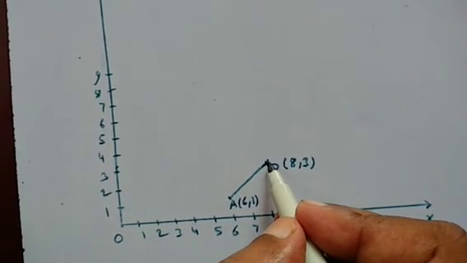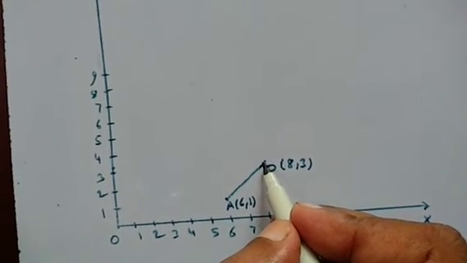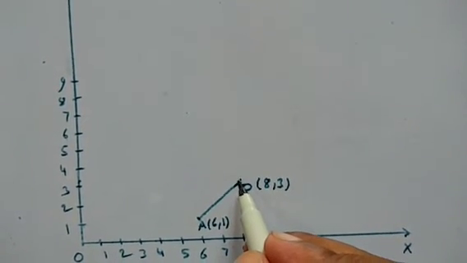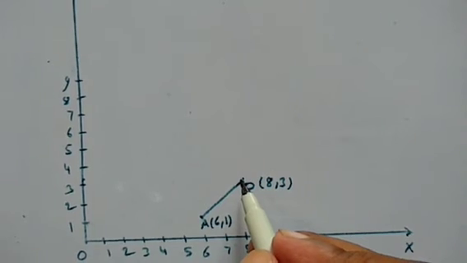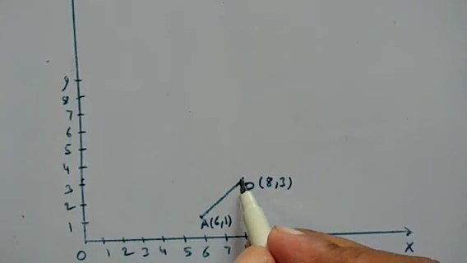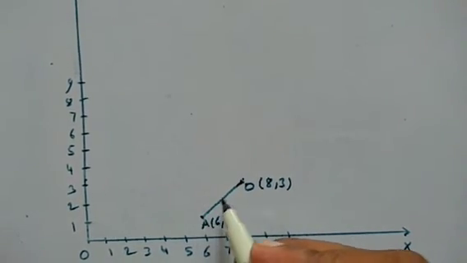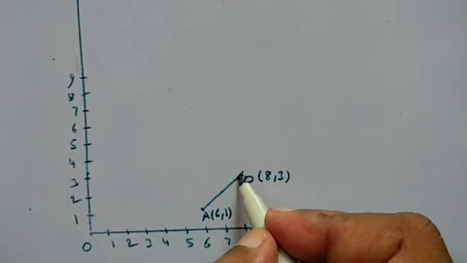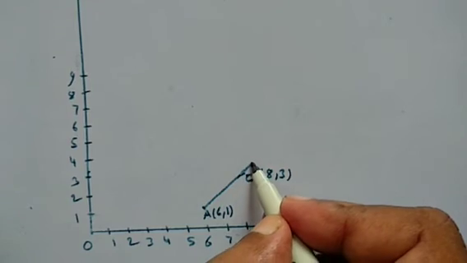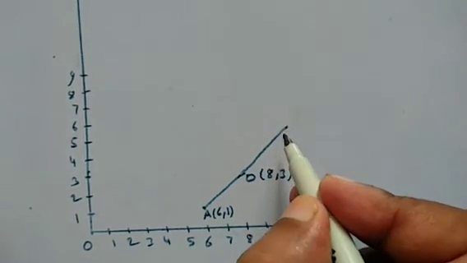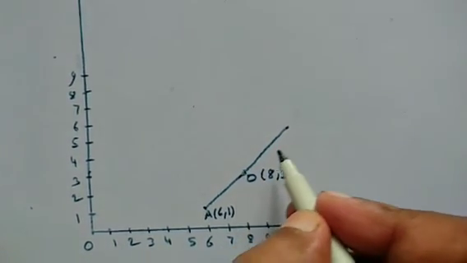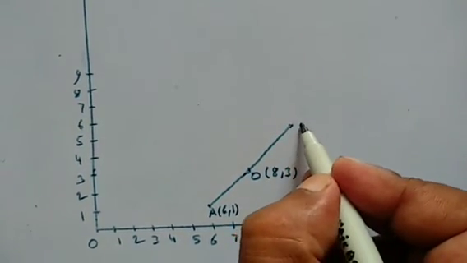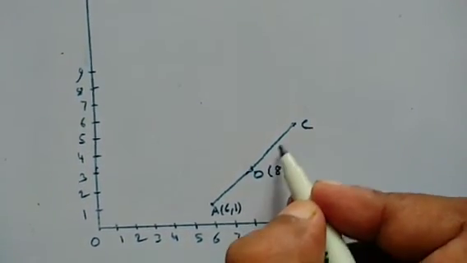Children, we know the point of intersection of the diagonals of a square bisects the diagonals. So we produce AO to C such that AO is equal to OC.